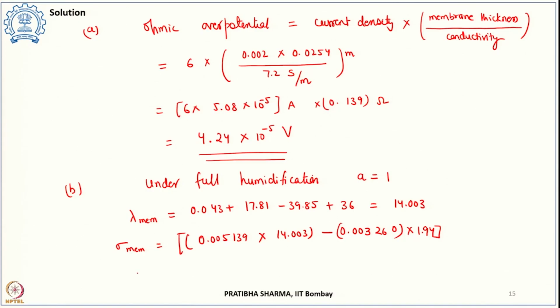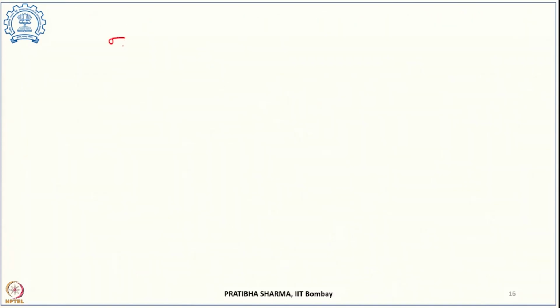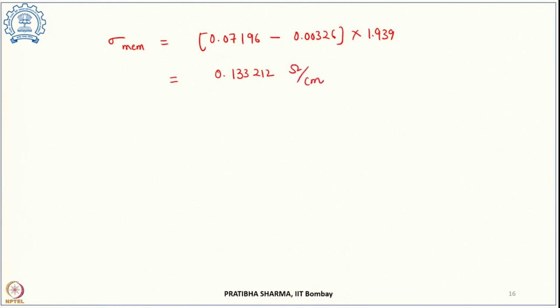So the conductivity of the membrane we can write down as: this value comes out to be 0.07196, the second term 0.00326, and the exponential part, its value is 1.939. Finally, we get a value of 0.133212 ohm per centimeter. So that is the conductivity of the membrane that we can find out under the full humidification condition.